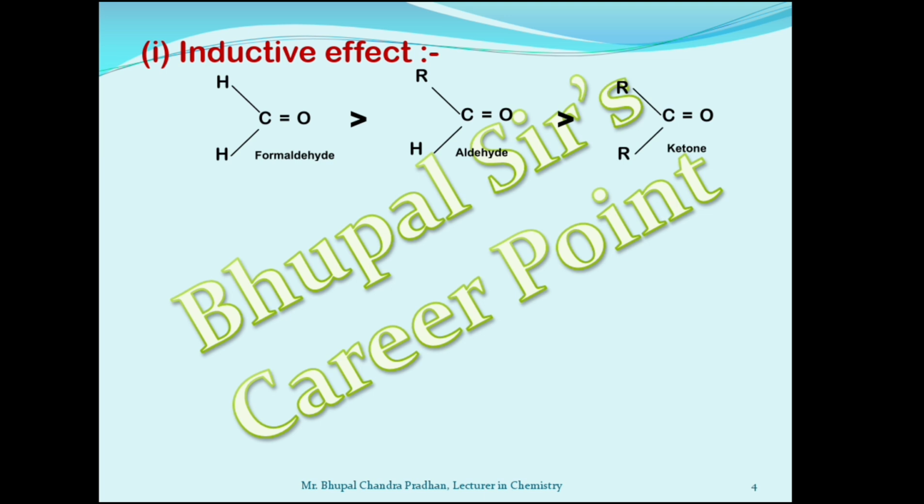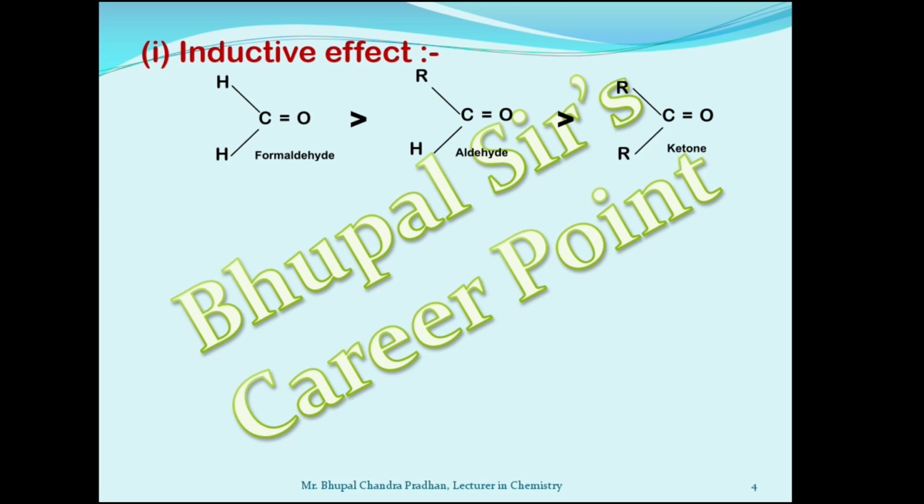The carbon is attached to two hydrogen atoms which have almost the same electronegativity as carbon. But in case of a general aldehyde, the carbon is attached to one plus I alkyl group, which donates electrons to the carbon and partially compensates the electron deficiency of the carbonyl carbon. So the reactivity slightly decreases compared to formaldehyde.